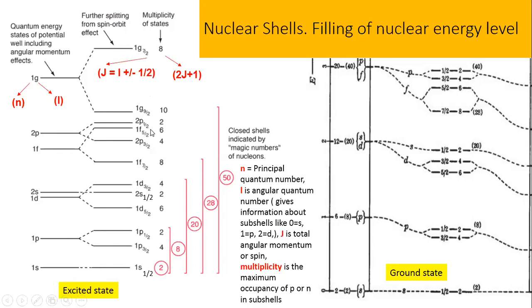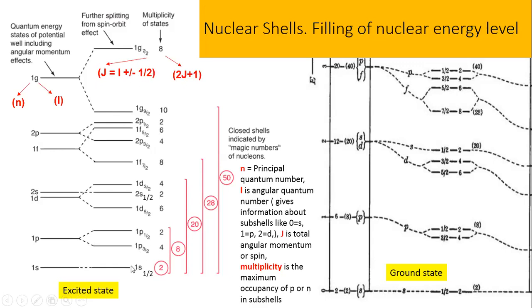How it is split follows a very basic simple formula. Here J is the total angular momentum, and here it is 7/2. 7/2 is the value of J. How can we calculate J? It is simple: the angular quantum number plus or minus half.